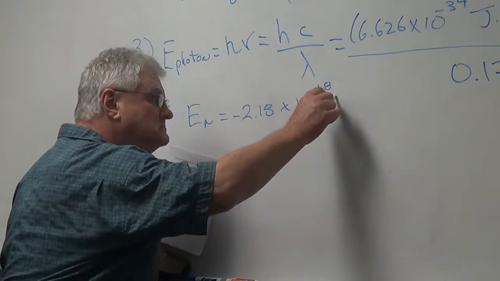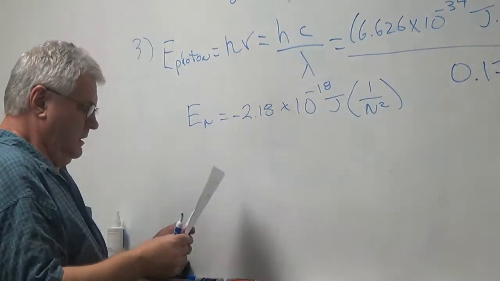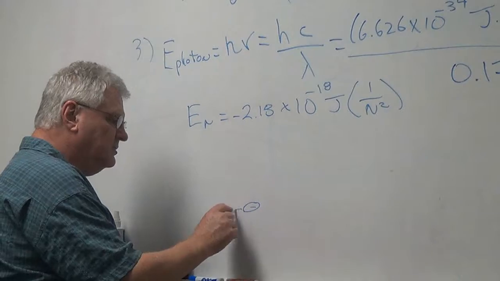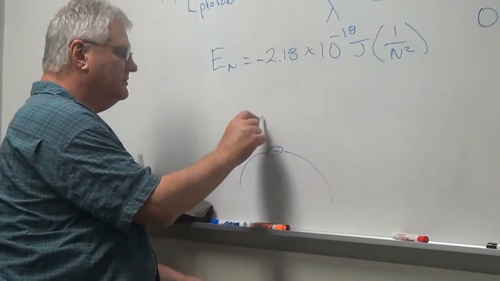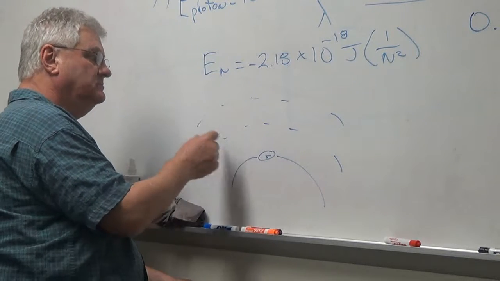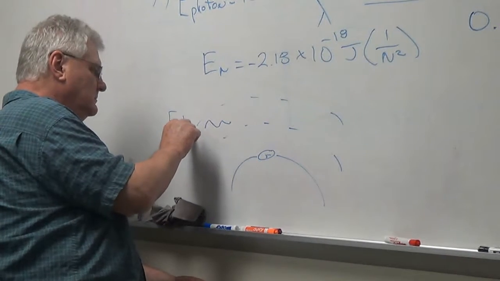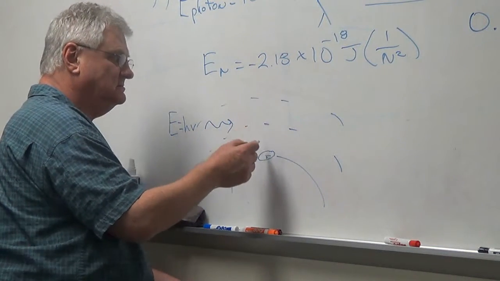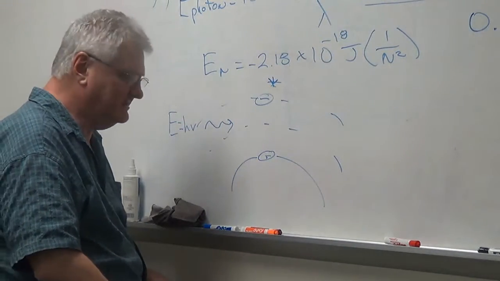Okay? Let's think about what's going on here. If you have an electron in an orbital, and we're talking about hydrogen at the moment, and it has other orbitals with other energies. If an electron absorbs a photon of the right energy, and then has an energy exactly equal to this change, it will cause the electron to go to a higher energy level, and we call that an excited state.